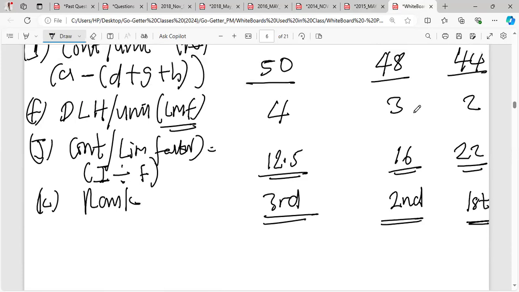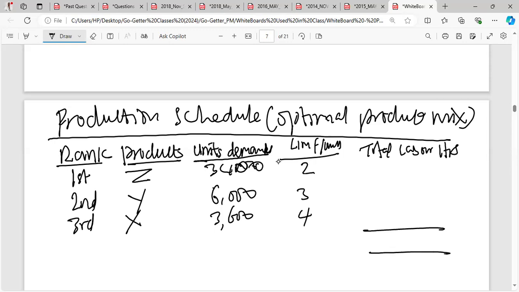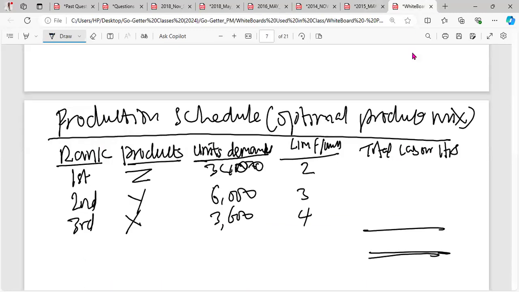Now this is 2, 3, and 4. I will have my 2, 3, and 4. Then I will say total labor hours. And I will come here and I will put the cap. And they said limited to 37,200. And I'll put my 37,200 here.